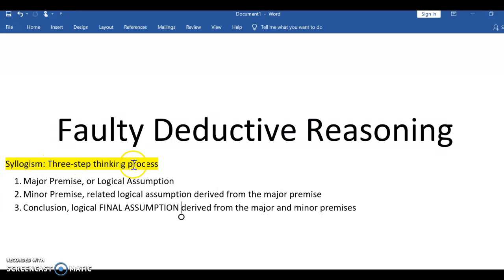Well, the syllogism, the 3-step thinking process, we begin with a major premise or logical assumption, and from that we come to a minor premise, a related logical assumption derived from the major premise, and then finally we come to a conclusion, a logical final assumption derived from the major and minor premises.